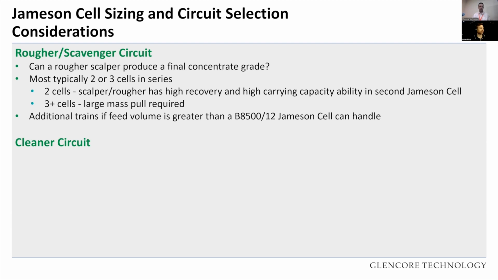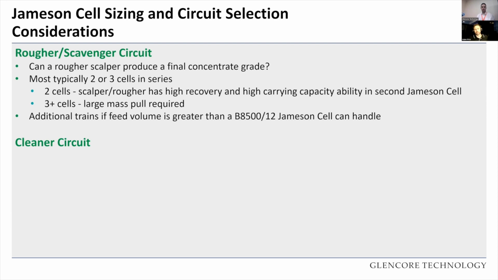But we'll go to 3+ cells if it's a large mass pull requirement. And obviously we'll continue to increase the cells if they're required for carrying capacity requirements. And as I said, we always prefer to at least have those couple of stages purely for any froth losses that may occur in the first cells.